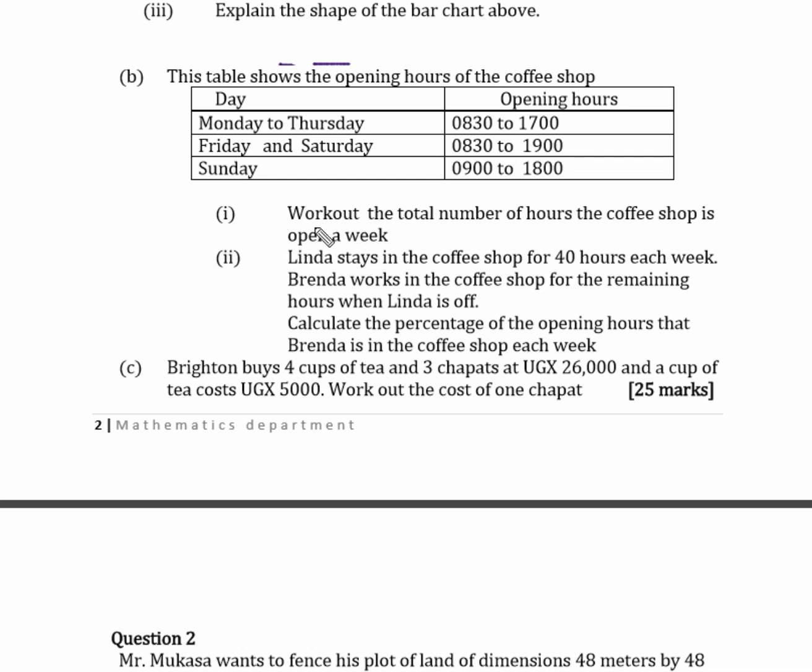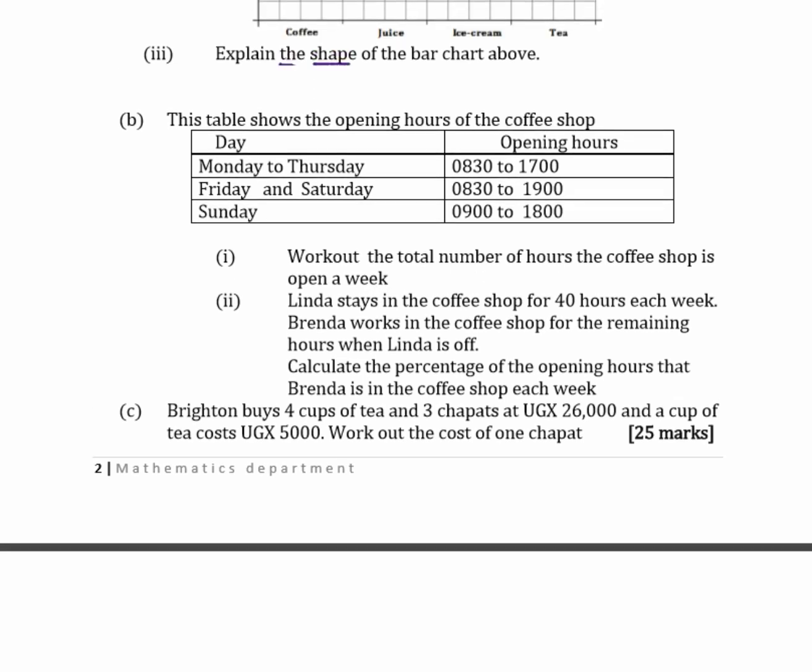Roman numeral 1. Work out the total number of hours the coffee shop is open a week. Is that okay? So what we are going to do, we are going to find the time for each day, then we multiply by the number of what? Days. So let us start from Monday to Thursday.